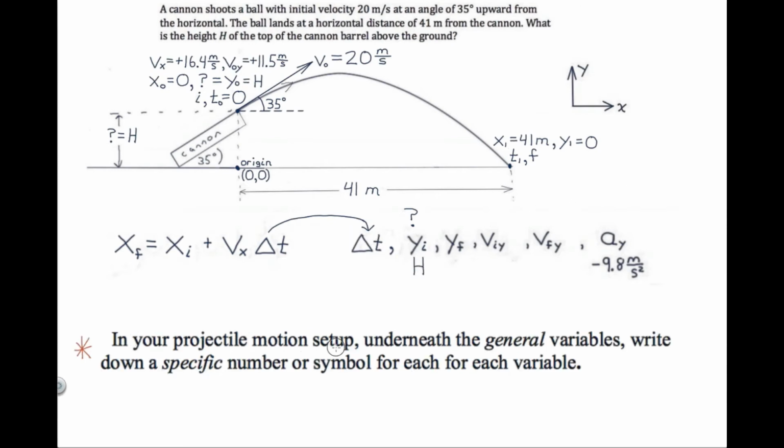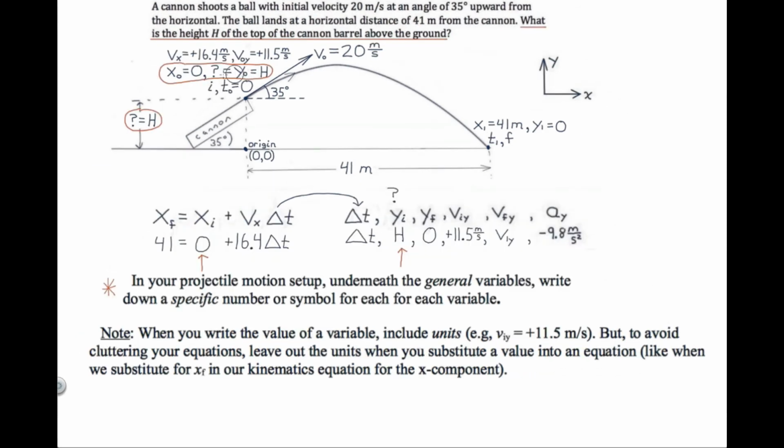In your projectile motion setup, underneath the general variables, write down a specific number or symbol for each variable. Based on the work we did in our sketch, we substitute 0 for x initial and h for y initial. We substitute 41 meters for x final and 0 for y final.